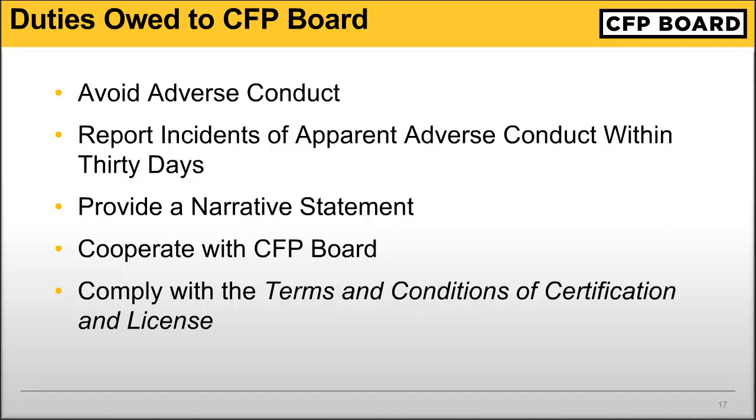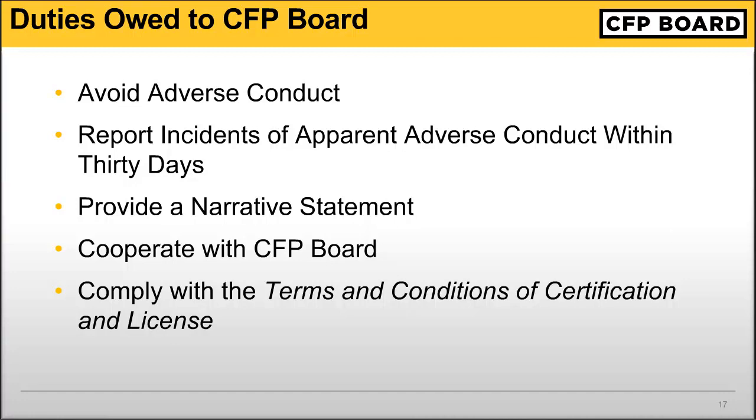So we've now restored the prior framework by having our Disciplinary and Ethics Commission review bankruptcy matters on a case-by-case basis. What this does is it gives a CFP professional an opportunity to prove that a bankruptcy does not demonstrate that the CFP professional is unable to manage his or her financial affairs.